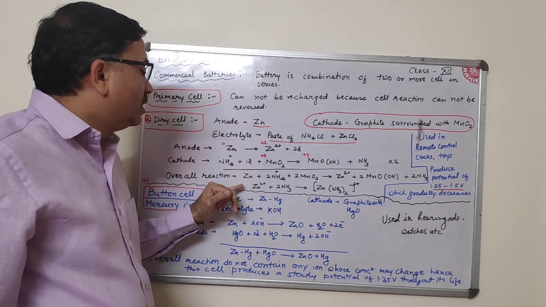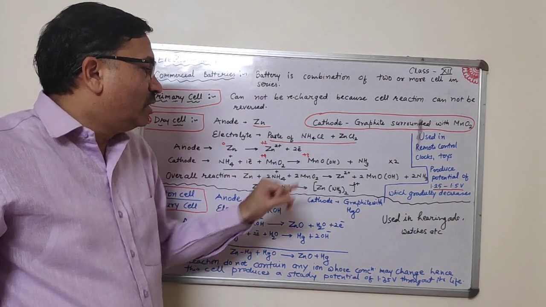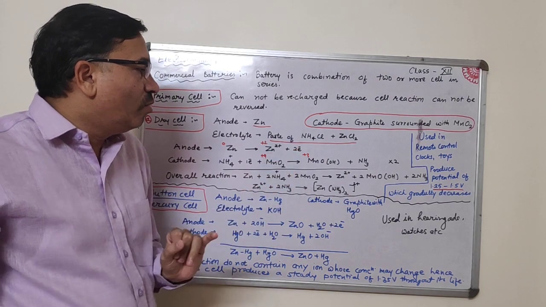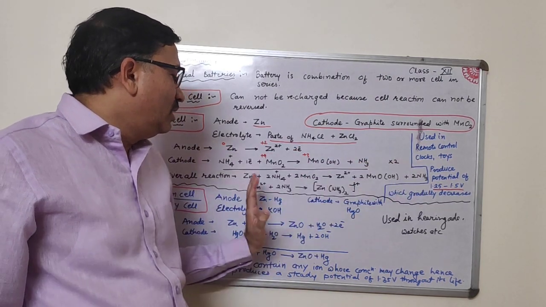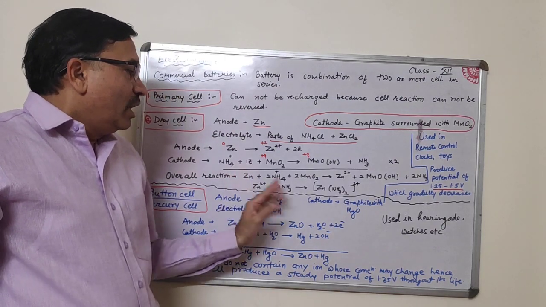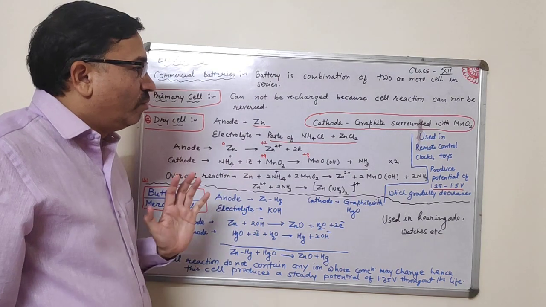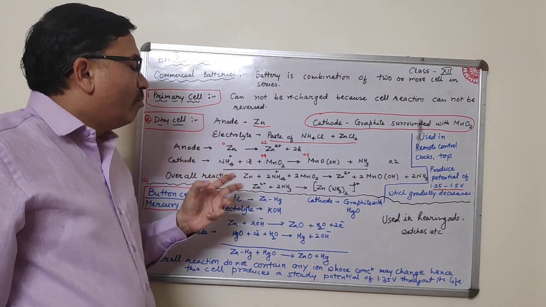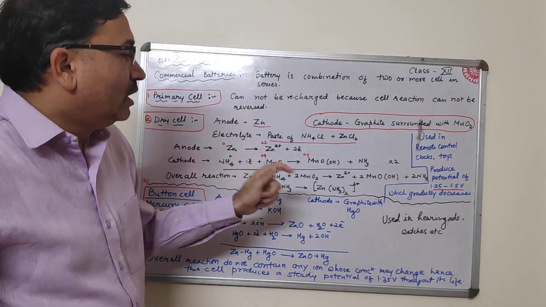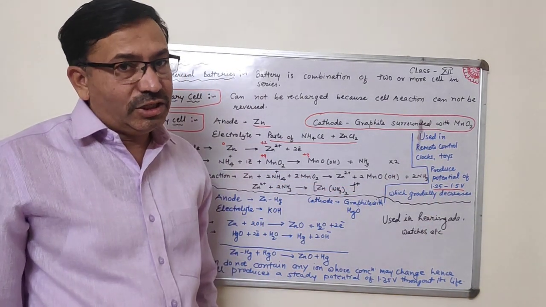And the overall reaction is Zn plus 2NH4+ plus 2MnO2 gives Zn2+ plus 2MnOOH plus 2NH3. That ammonia formed is converted into the non-corrosive complex [Zn(NH3)2]2+. As I told, the only drawback of this cell is that its potential gradually decreases and it cannot be recharged.